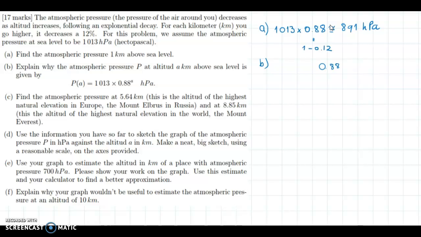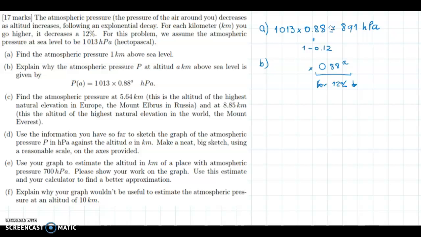And we have to multiply by that as many times as kilometers we go above sea level. The altitude above sea level in kilometers is given by A. So we're going to need to multiply by 0.88 to the power of A. This is the multiplier for a 12% decrease.